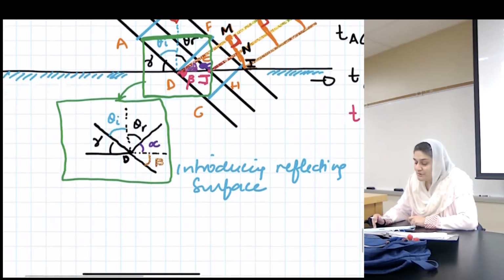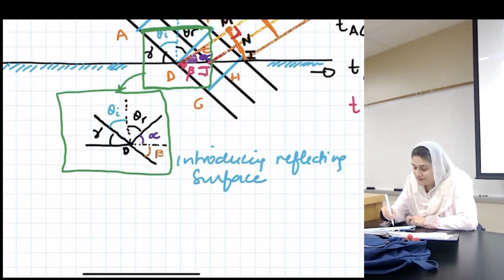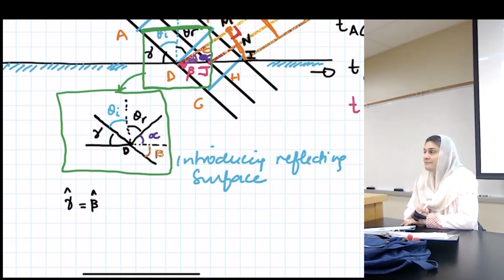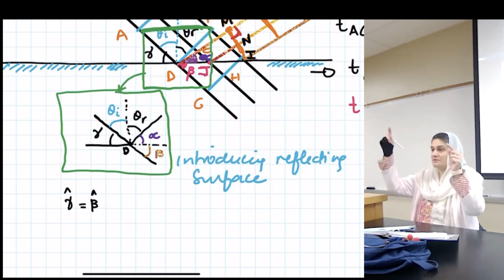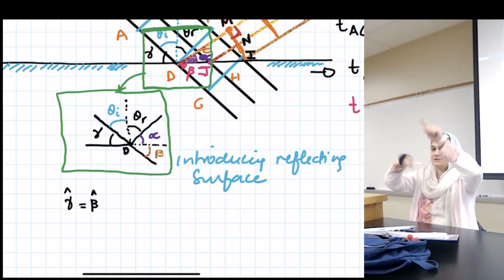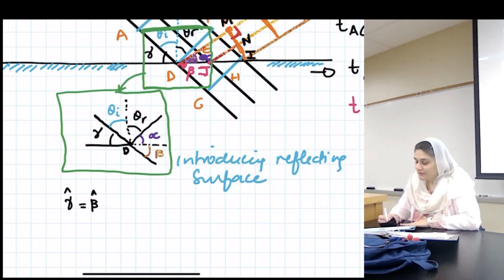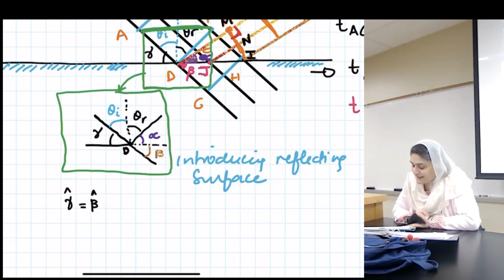Okay, so now, do I know that gamma is the same as beta? From geometry? Yes. These are the same angles on the two lines. That's going to be true. Okay, so in my triangle, is alpha the same as gamma?